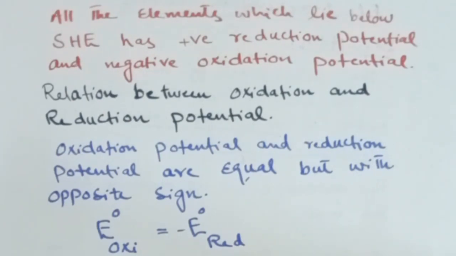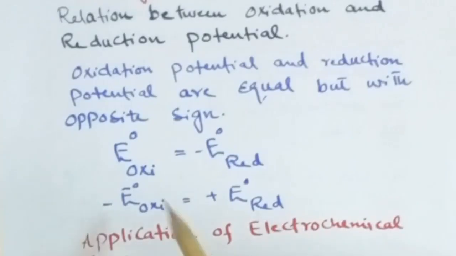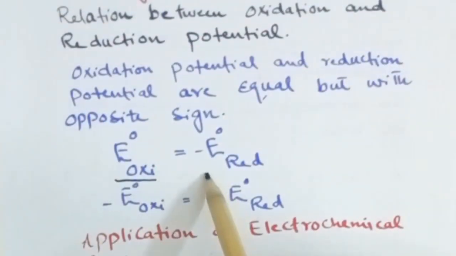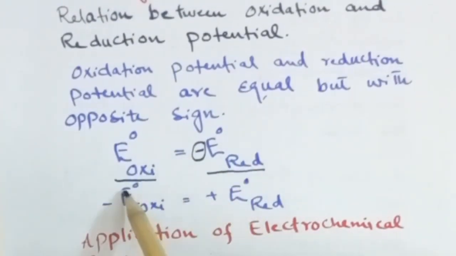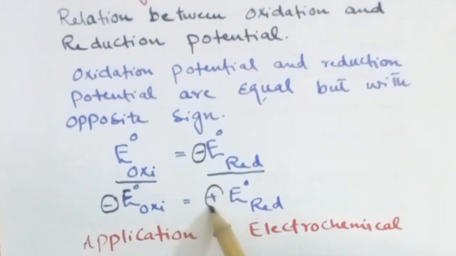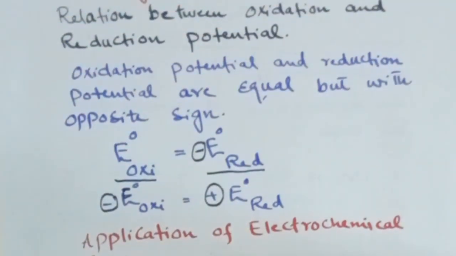If we relate the oxidation and reduction potentials, again they are the same values, only the sign is reversed. That is, oxidation potential is equal to reduction potential with a negative sign. If the oxidation potential is negative, the reduction potential will be positive.